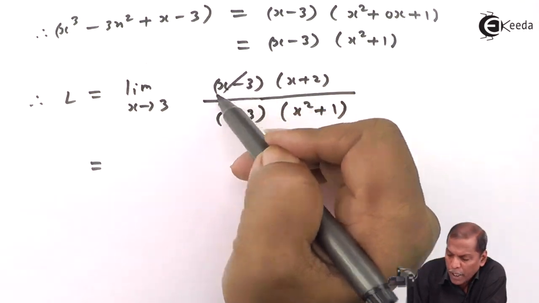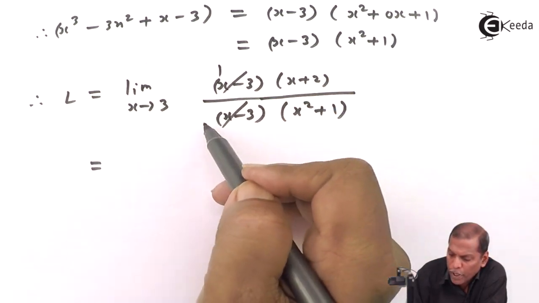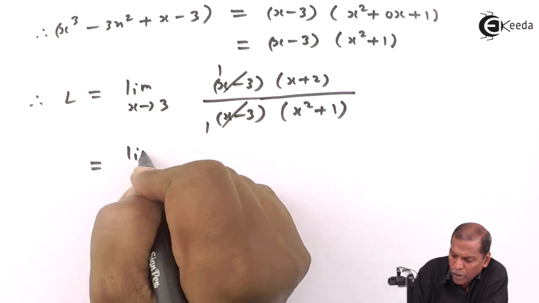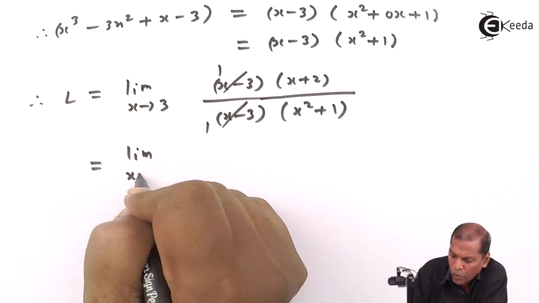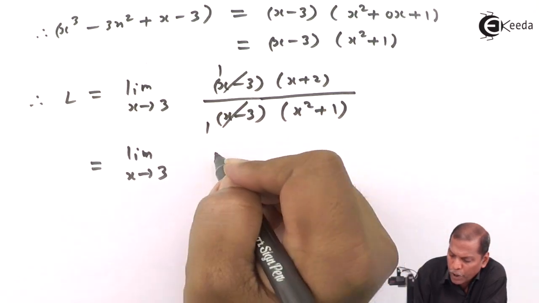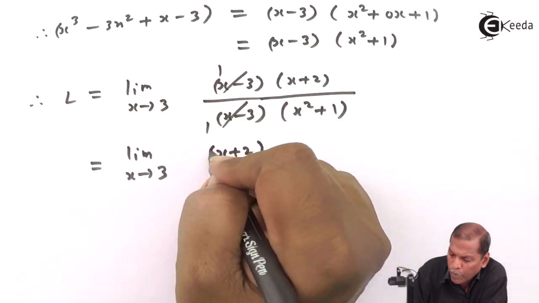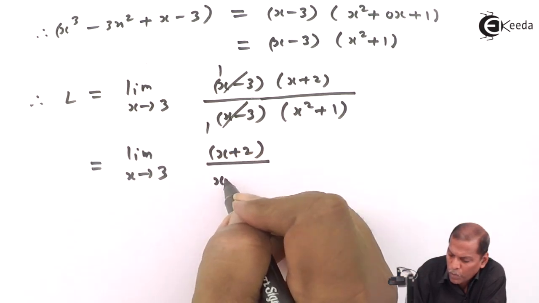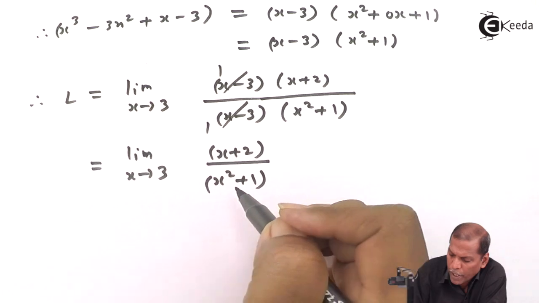Now cancelling x minus 3 from the numerator and denominator, we have limit x tends to 3 of (x plus 2) upon (x square plus 1).